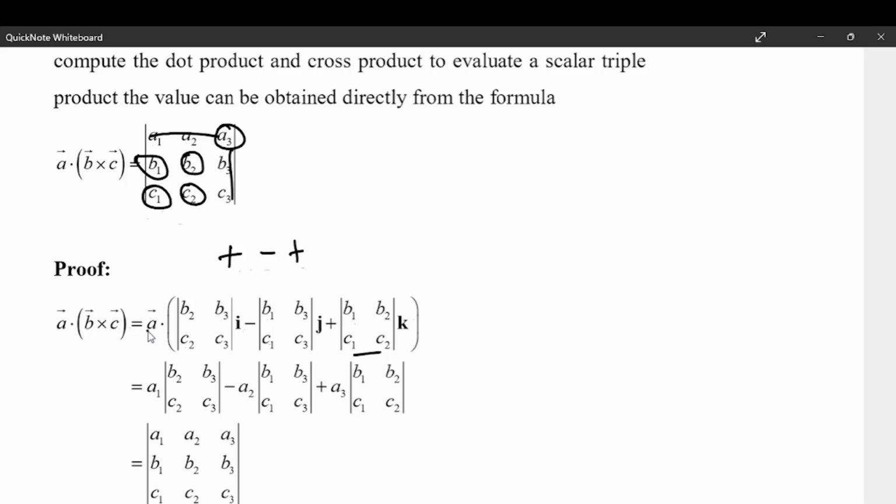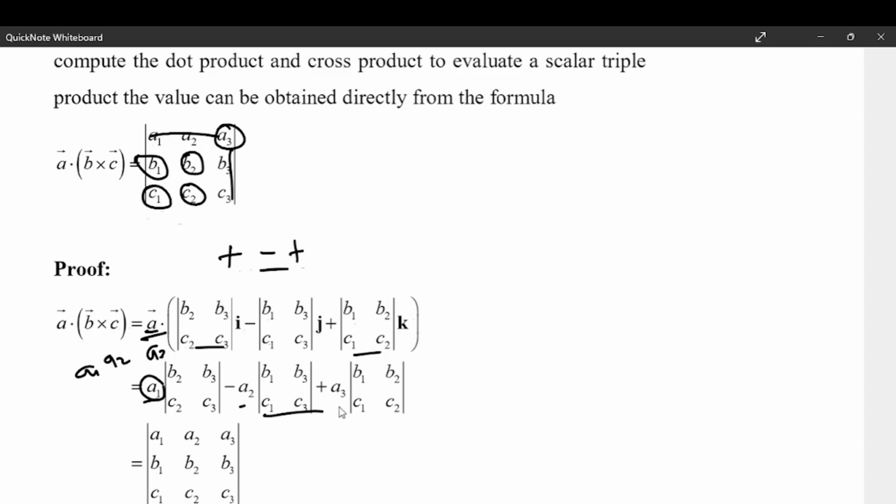And of course, we know that the triplets for the vector A are A1, A2, A3. For that matter, the first determinant is going to be multiplied by A1, minus A2 times the second one, plus A3 times the third one, of course.